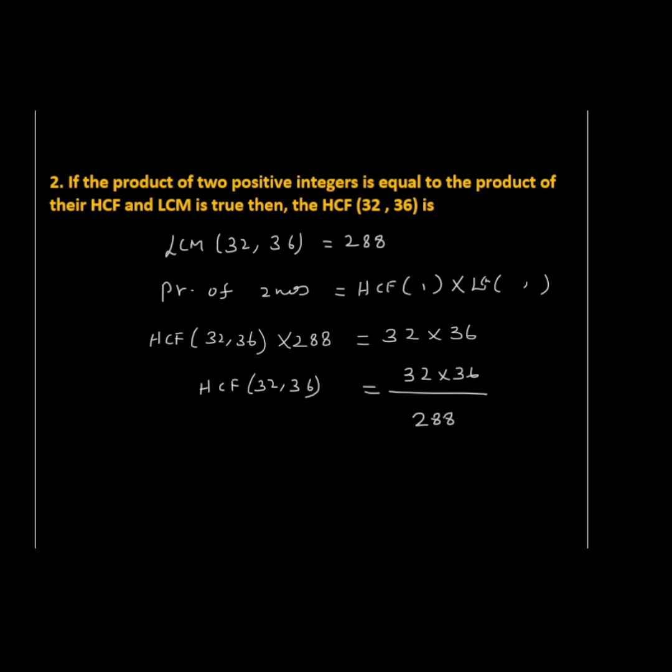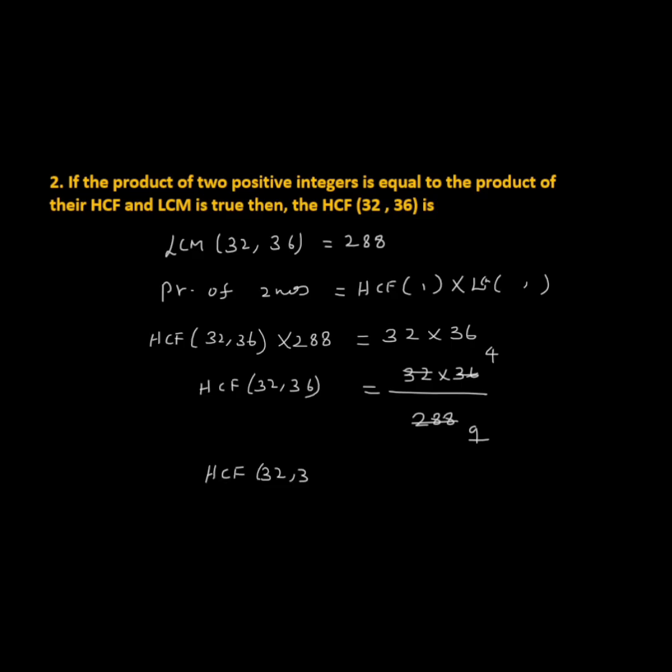When we are transposing, we can cancel this 9 times and this 4 times. So the HCF of 32 and 36 is equal to 4. They asked this way so that we find it like this. Otherwise, you can find it directly.